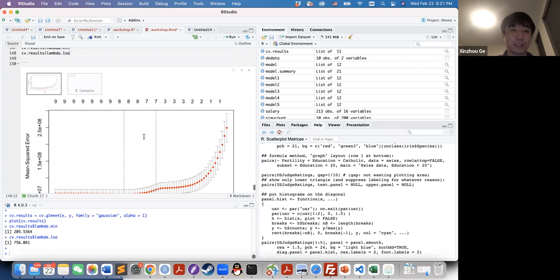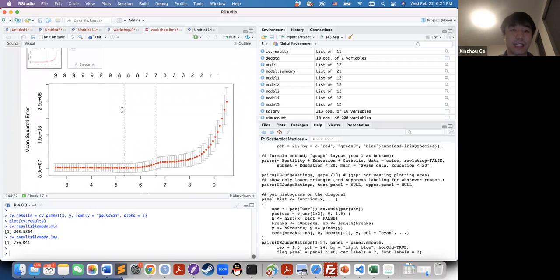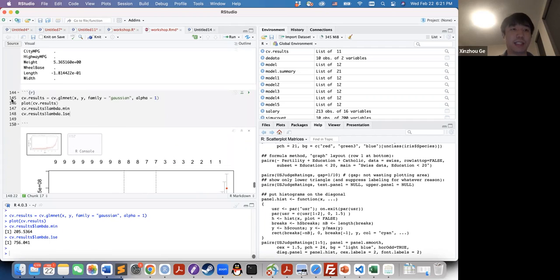And if we go back to the plots, we can see that this time for the lambda which gives the smallest mean square error, it removes one predictor from all the predictors, and this lambda is larger than the previous lambda, even though we ran the same code.